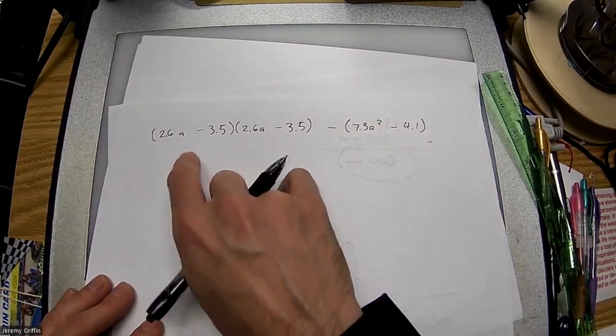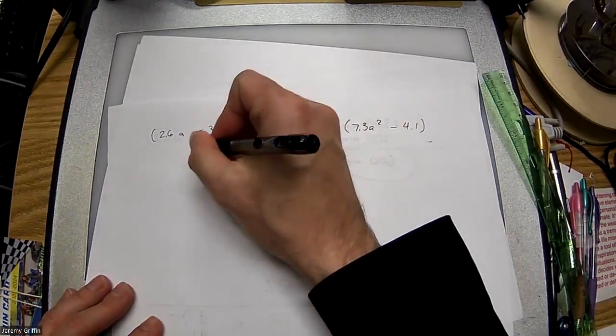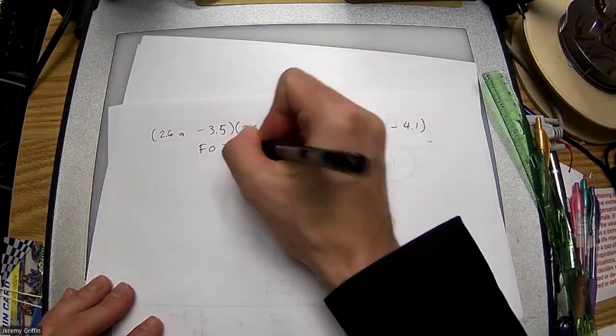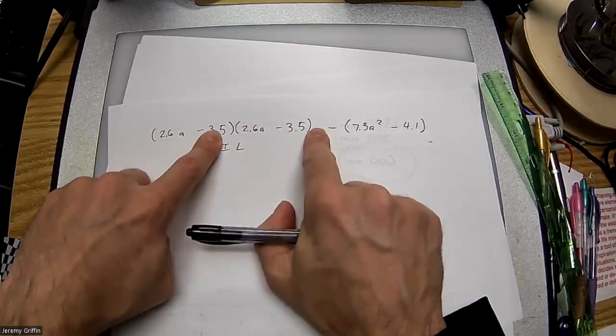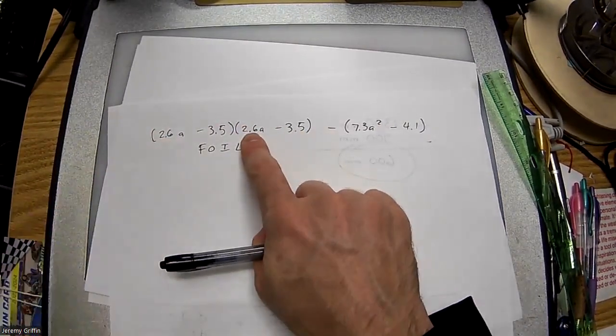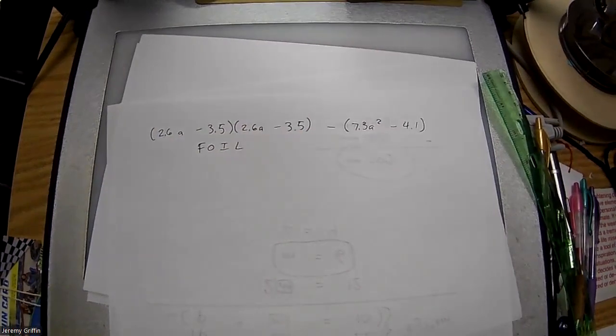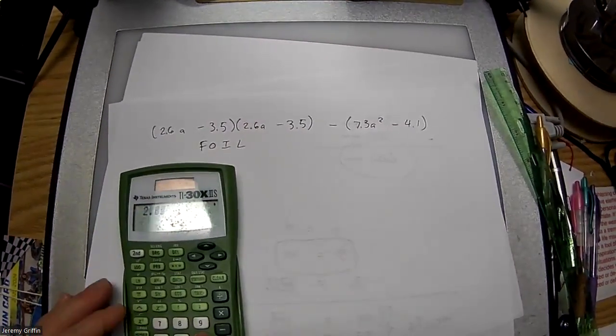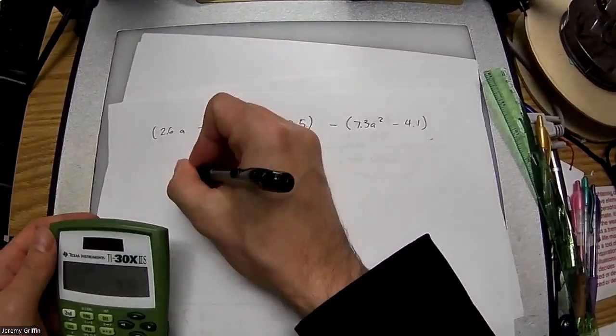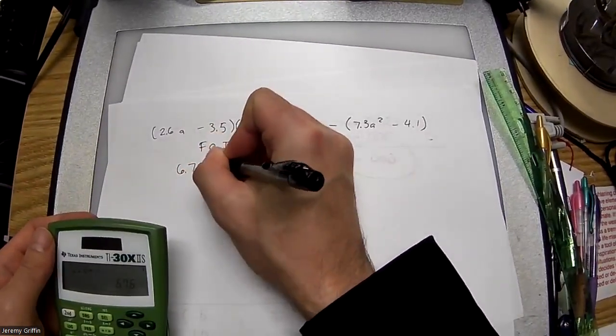Just the a. So this whole stuff over here, I'm gonna FOIL. I can do first, outside, inside, last. You can do that, right? So 2.6a times 2.6a. That's 6.76a squared.